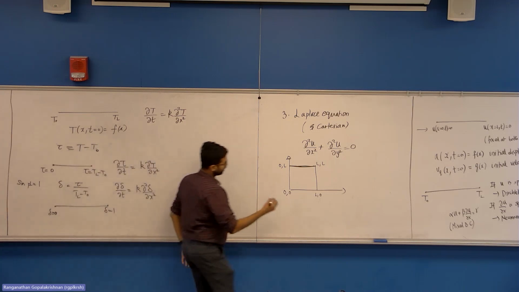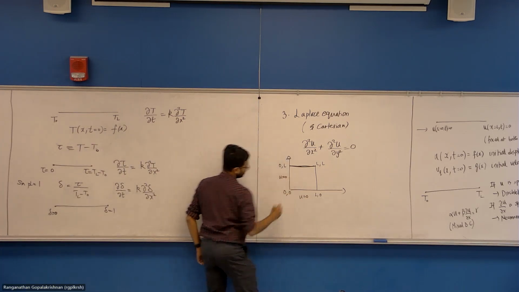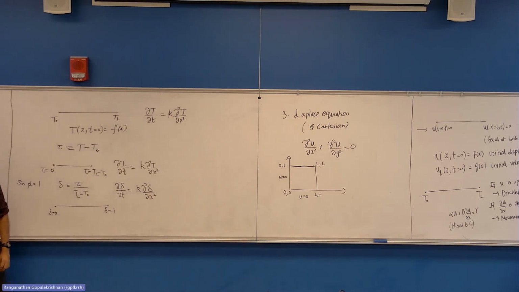And to also simplify the boundary conditions further, we'll assume u is 0 on 3 faces except the top.